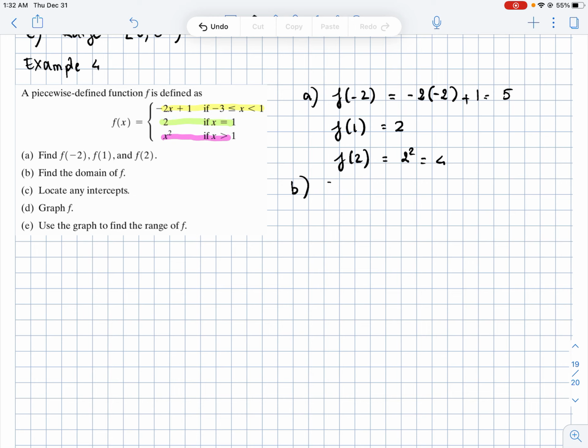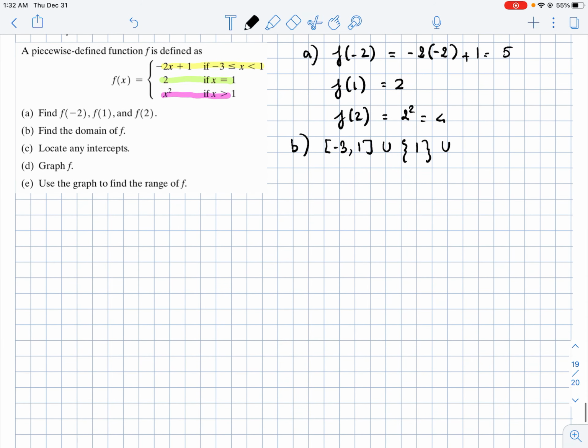Problem B. Find the domain of the function f. The domain for the first piece is from negative 3 to 1, union 1. This is the second piece, and the last piece is from 1 to infinity. So we combine all of this. If you draw the number line, you will see it's easier.